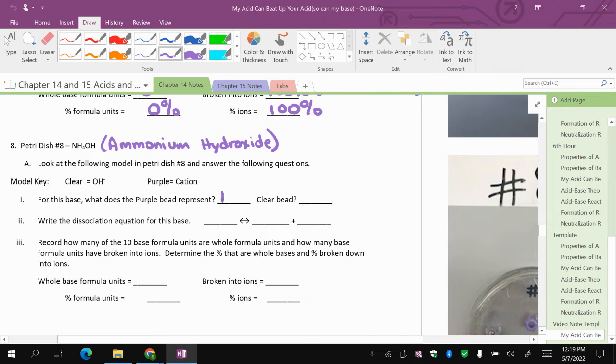So the purple ones represent our cation, and the clear ones represent our anion. And so if we write the dissociation equation for this, you get ammonium cations and hydroxide anions.